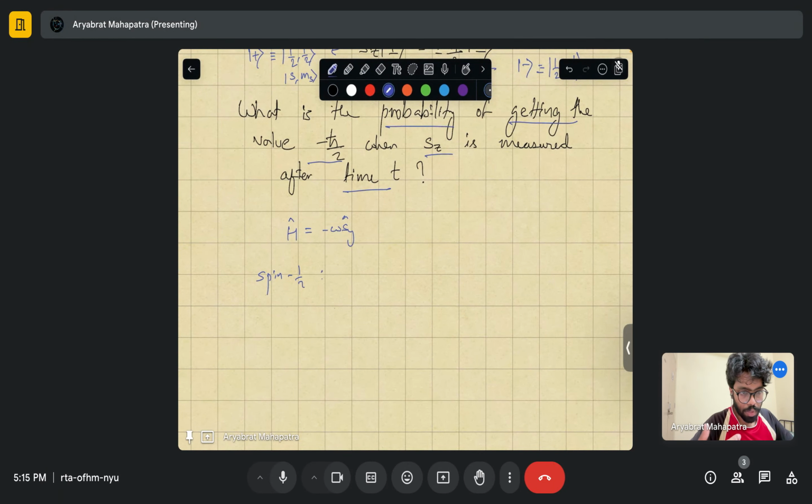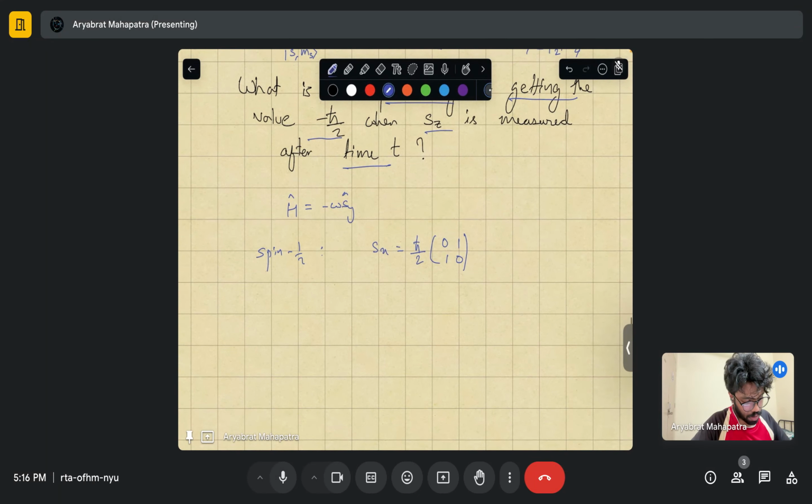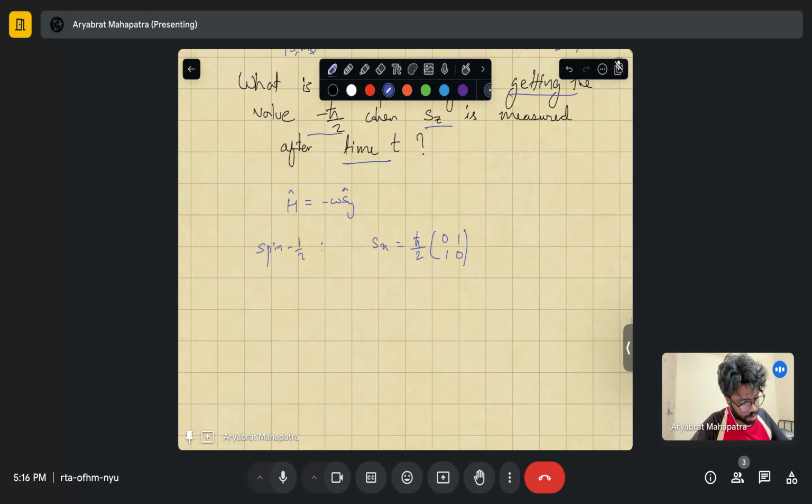The operators that we write, Sx, Sy, Sz, you can always write in terms of matrix form, which is a very trivial exercise. So these are basically the Pauli matrices.